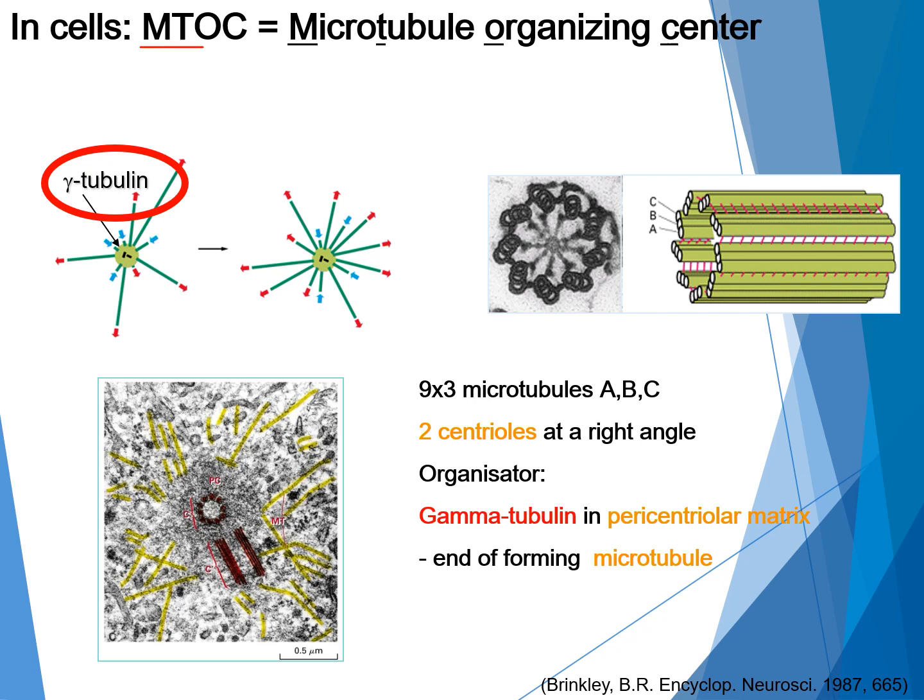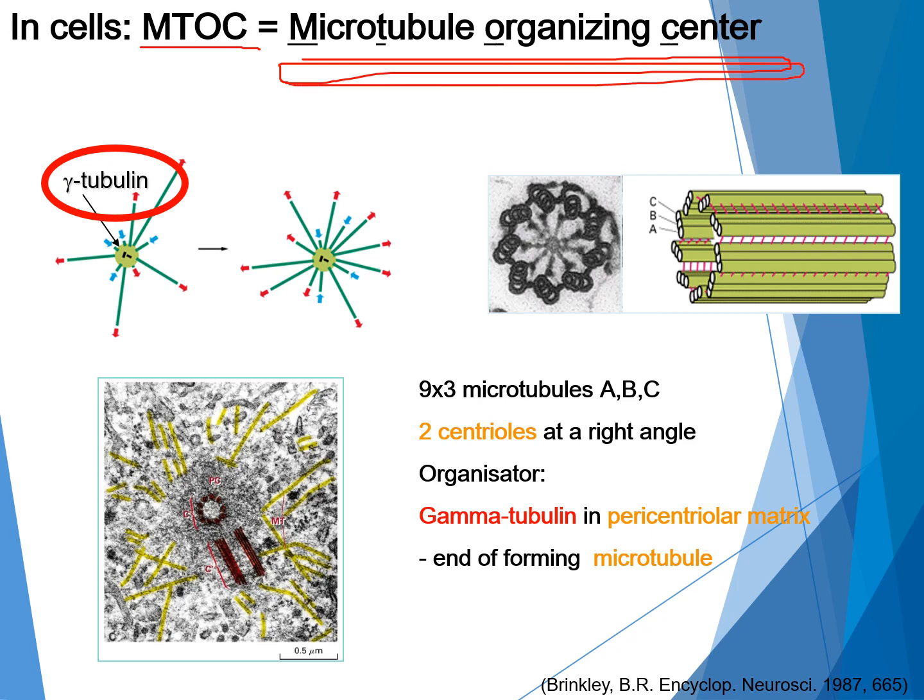Remember, I did mention the MTOC, microtubule organizing center, which is the negative end of the microtubule. If you can see over here, the red arrow, the elongation is away from the MTOC.